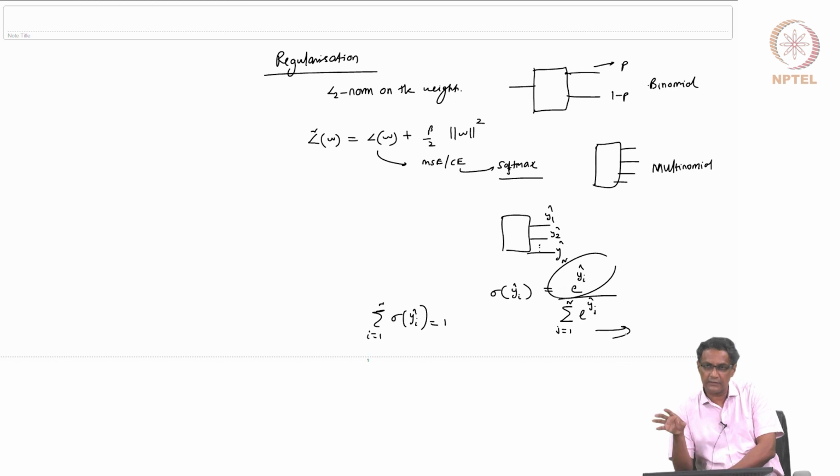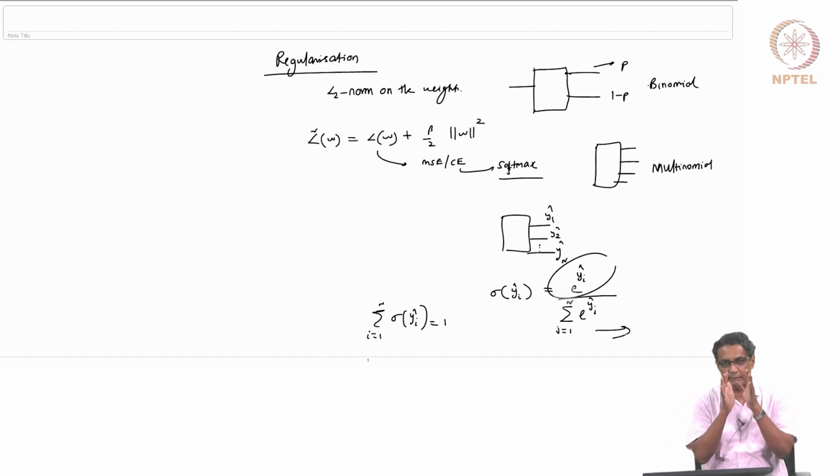It's a clean way to go from a binomial case, where you would have had a situation like p and 1 minus p, and most likely you would think of having a sigmoid there. But for a multinomial case, you can directly use this softmax. I think of the softmax as an additional module that comes in.